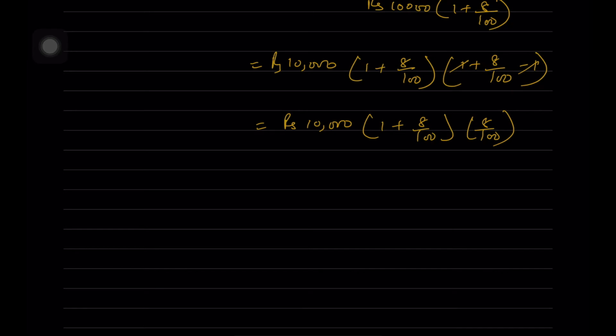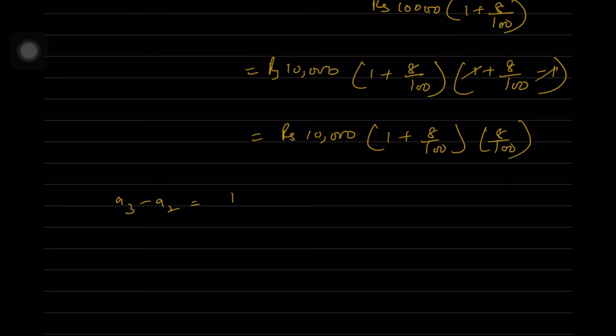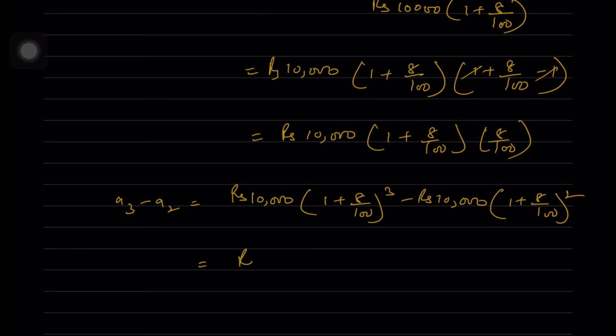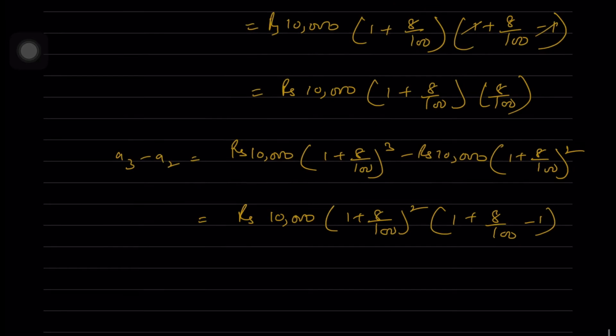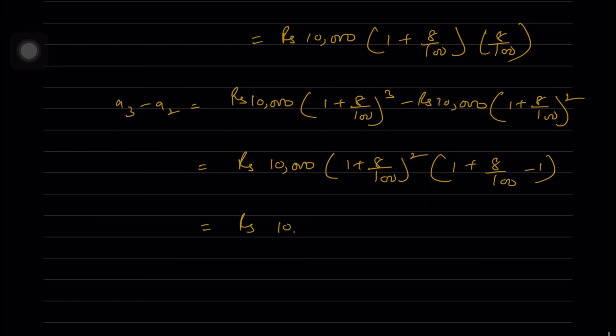Now what is A3 minus A2? A3 minus A2 is equal to rupees 10,000 into 1 plus 8 by 100 whole cubed minus rupees 10,000 into 1 plus 8 by 100 whole square, which is equal to rupees 10,000 into 1 plus 8 by 100 whole square into 1 plus 8 by 100 minus 1, which is equal to rupees 10,000 into 1 plus 8 by 100 whole square into 8 by 100.